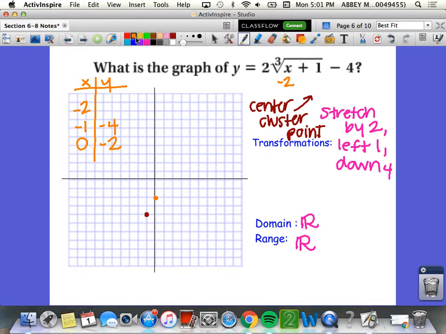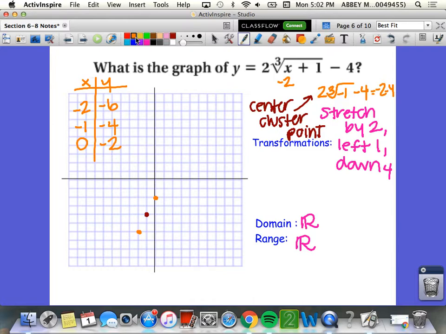So that would give me 2 times the cube root of negative 1 minus 4. Well, that gives me negative 2 minus 4, which gives me a total of negative 6. So I'm going to plot the point negative 2, negative 6. And as you can see right there, I have my cluster.